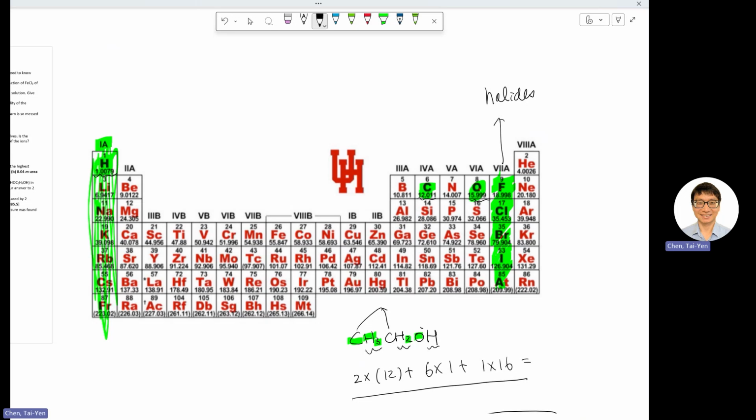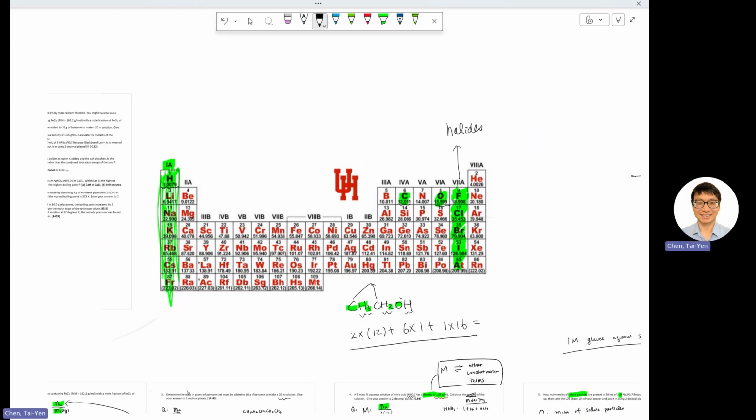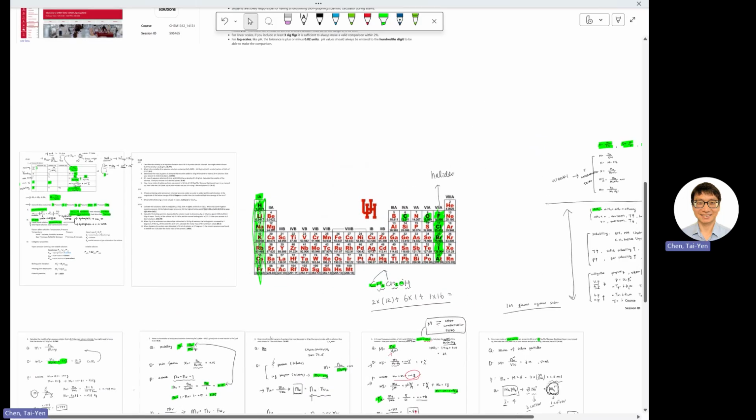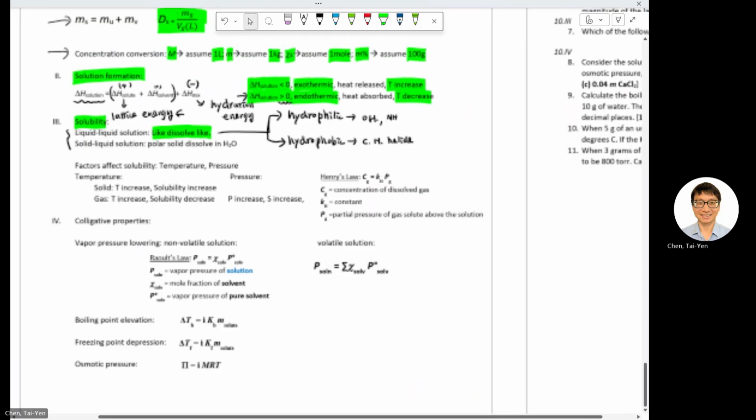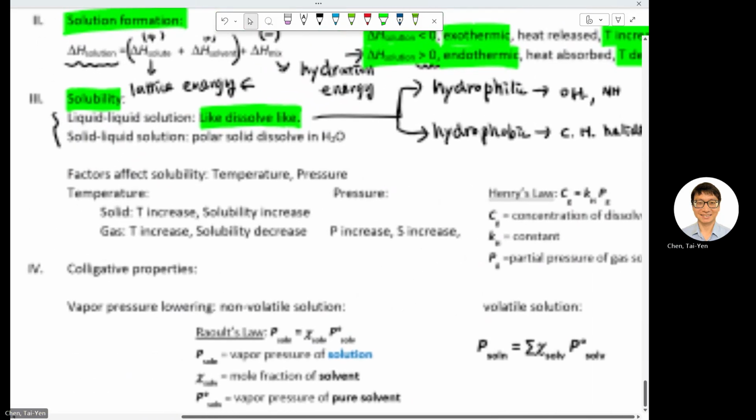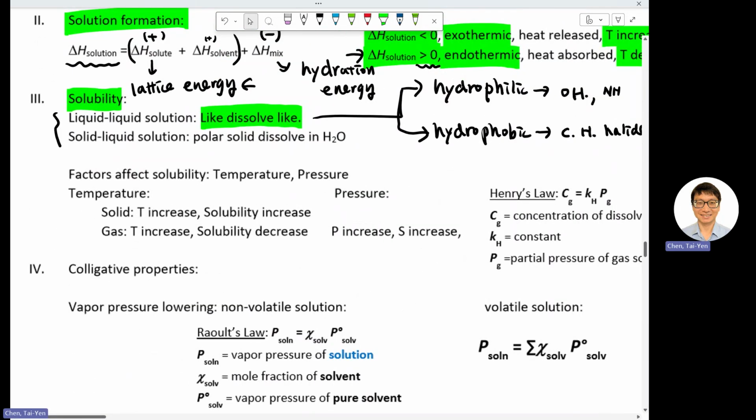The whole column we call halide atoms. So if you only have carbon, hydrogen, and halides, they are hydrophobic. Is that clear? So that's what it means by like dissolves like. You must try to identify those specific functional groups to help you predict which one is going to dissolve better in water.